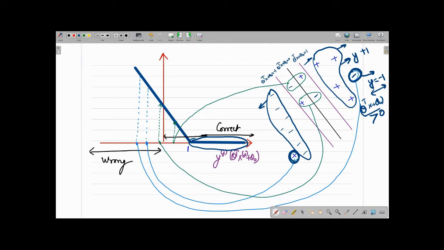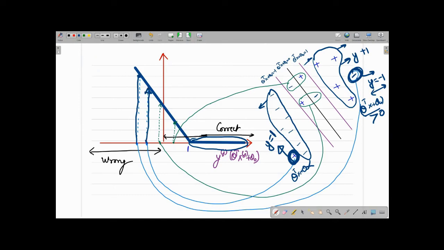So that's why this point which is over here, you can see the blue line which is going over here. So this is the loss which will be incurred because of the wrong decision. Similarly, this plus point will have the label plus 1, but the decision boundary theta transpose x plus theta 0 will be negative. So multiplying both of them is again a wrong decision. So it will give you this loss.